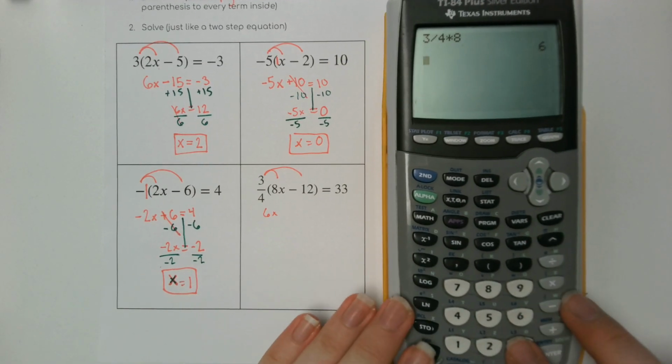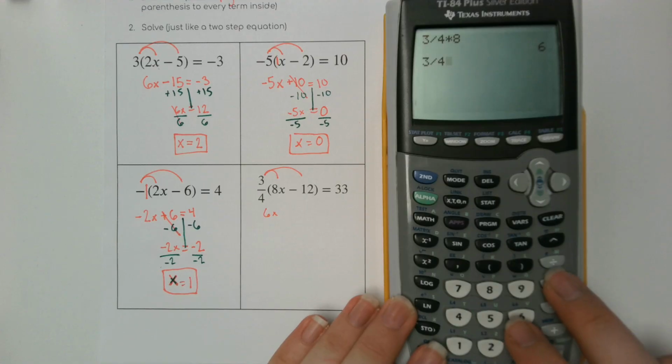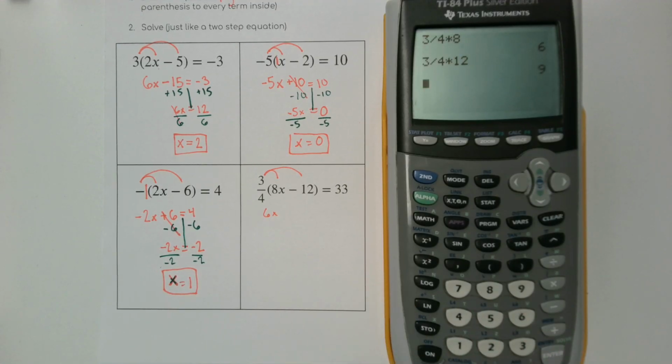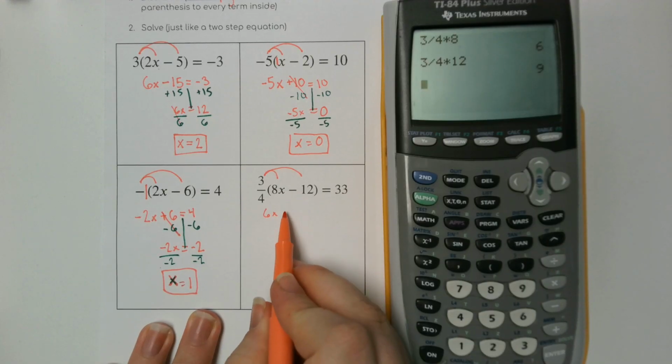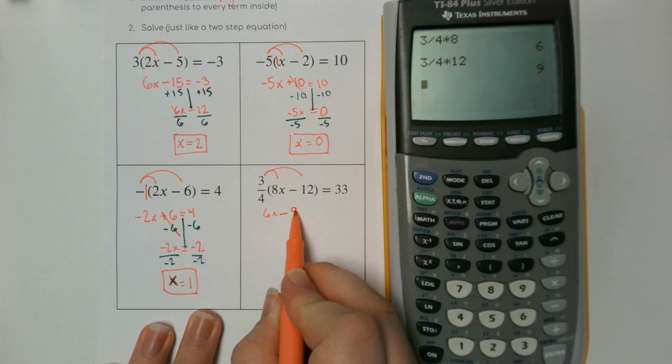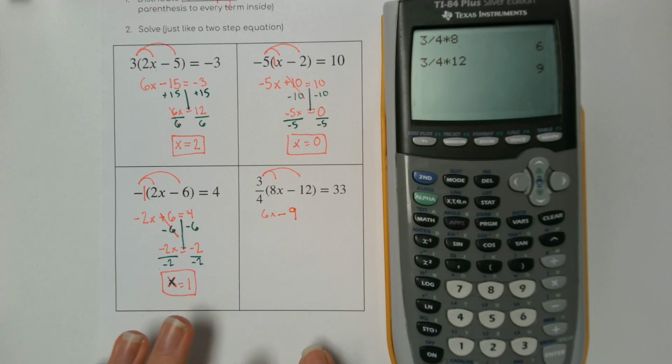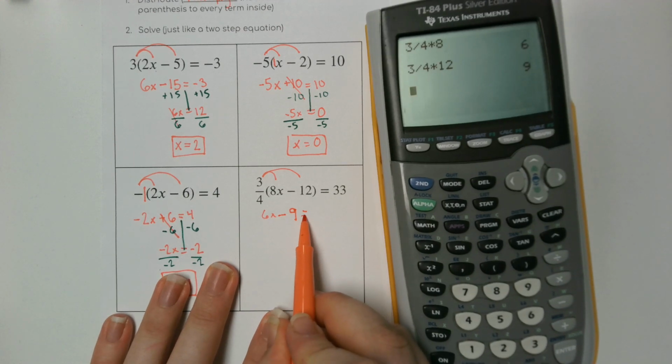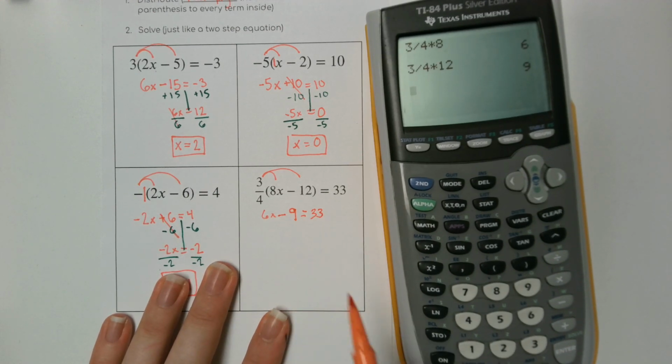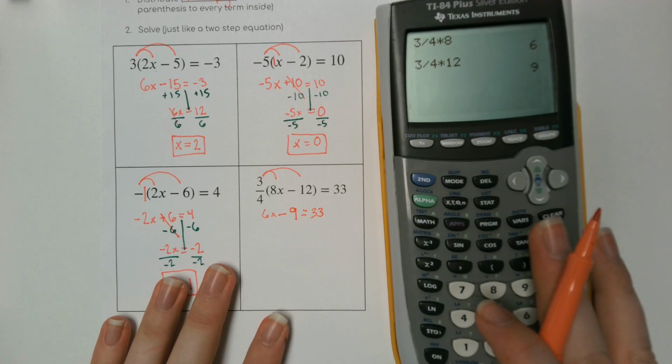And then same thing, 3 divided by 4 times 12. We get 9. And remember that minus sign to be negative or minus 9. And we keep that equals 33. Okay?